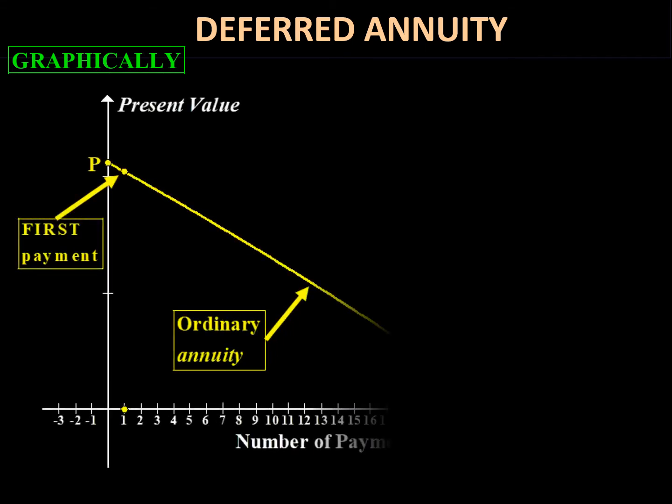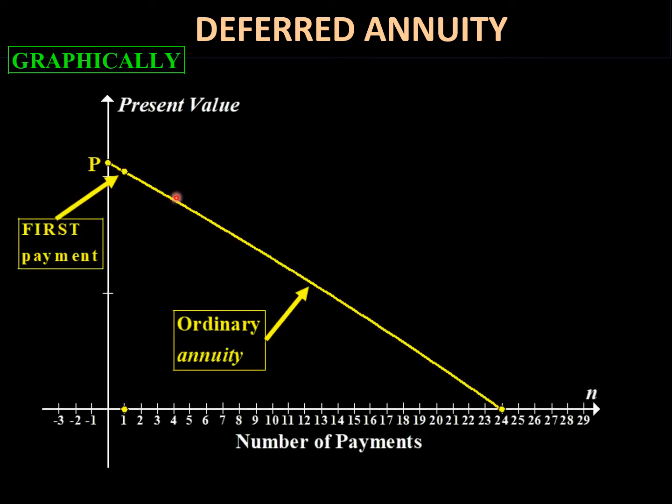Let's also look at it graphically. If you take a normal ordinary annuity with no changes, you make all your regular payments as agreed in the loan, that is the situation you get. And this line here would represent your outstanding balance. Let's say after the 15th payment, your outstanding balance would be that amount there. After the 24th payment, your outstanding balance is 0.